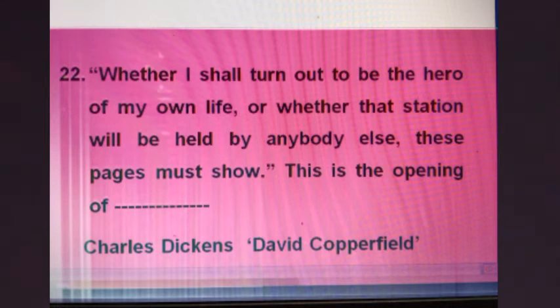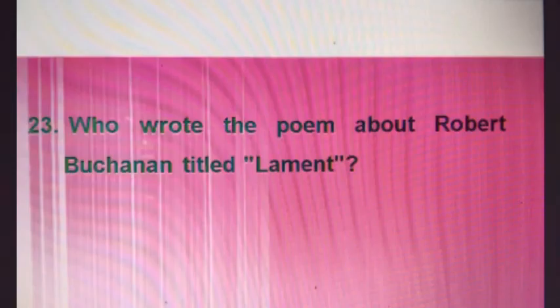Answer: Charles Dickens' work, David Copperfield. It is the opening of Charles Dickens' novel David Copperfield.